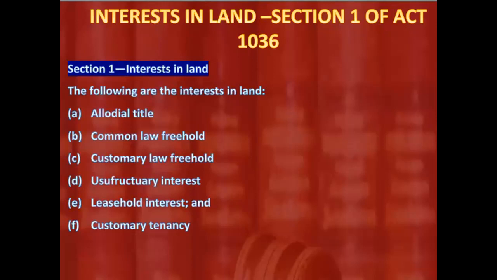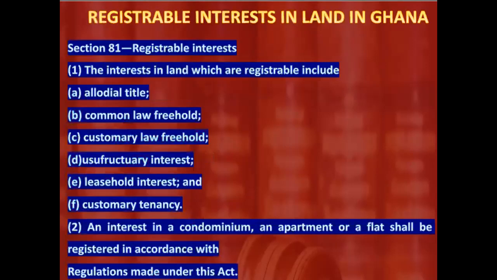Remember that in our previous lecture, we also referred to Section 81 of the Land Act, which indicates that these various interests that we have mentioned in Section 1 are registrable interests under land law in Ghana.